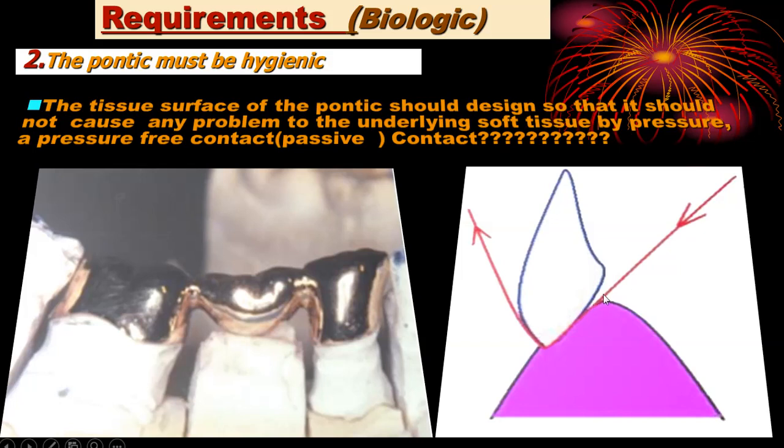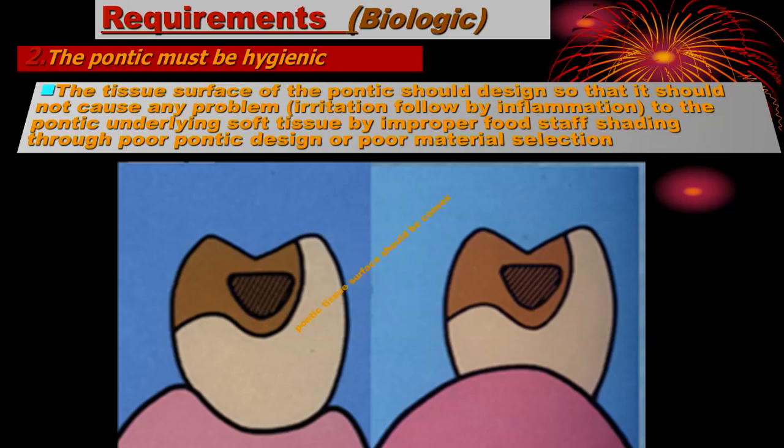Most of the textbooks agree that you should have a thin layer of saliva between the tissue surface of the pontic and the underlying tissue. It means there is a small space so that it does not affect the aesthetics and there is no pressure. In addition, the design has a passive contact.